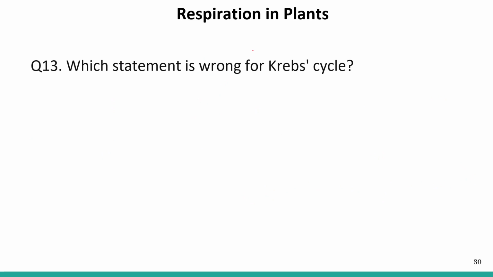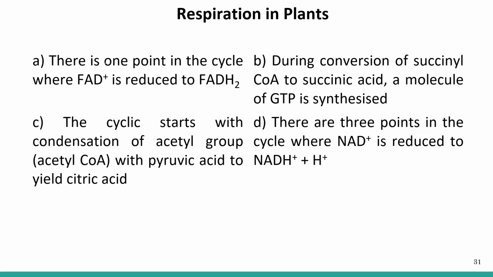The next question is, which statement is wrong for the Krebs cycle? Options are, there is one point in the cycle where FAD is reduced to FADH2. This is true. Option B, during conversion of succinyl coenzyme A to succinic acid, a molecule of GTP is synthesized. This is also true. The cycle starts with the condensation of acetyl group with the pyruvic acid. So this is wrong because there is condensation of acetyl coenzyme A with oxaloacetic acid, which leads to the formation of citrate.